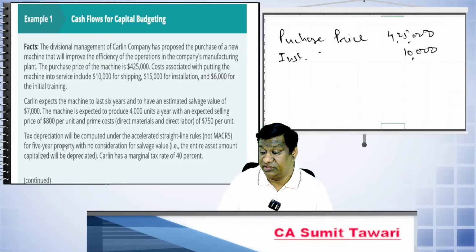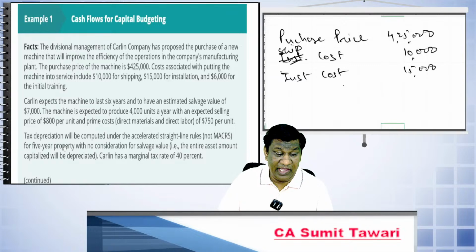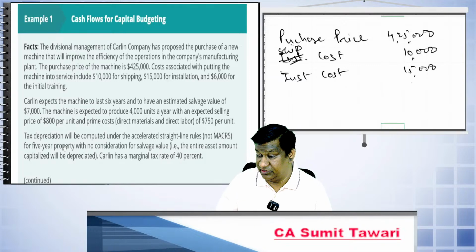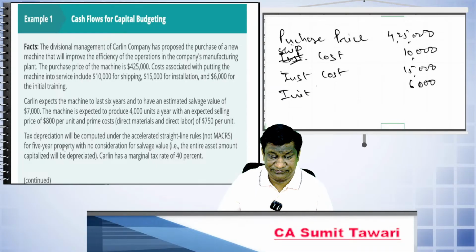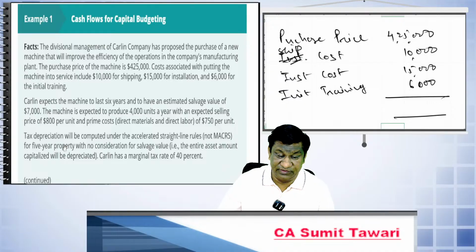Shipping 15,000, this is the shipping cost actually. And 6,000 for initial pre-operative training.